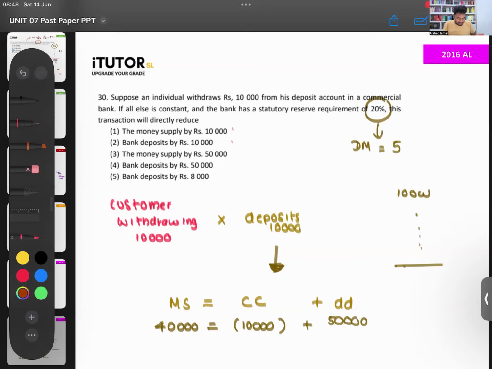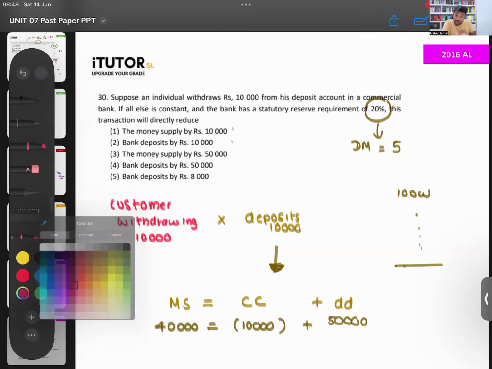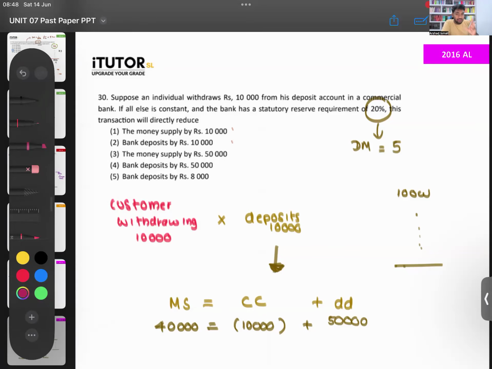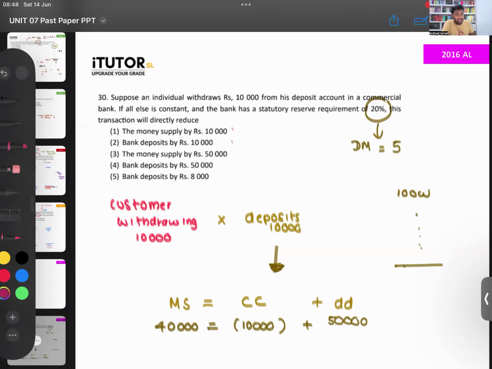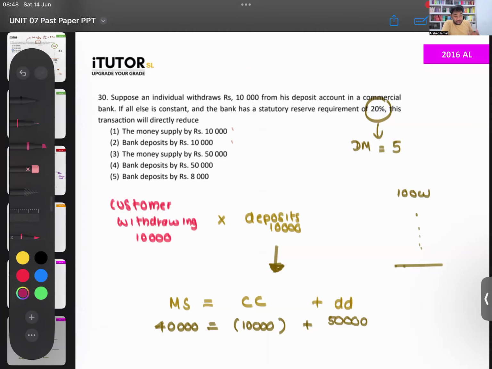Okay. So then we'll think of the opposite of this now. So if a customer doesn't deposit, he withdraws 10,000, now there would be a multiple deposit contraction. Just remember that. Like you had a multiple deposit expansion here, that 10,000 became 50,000.